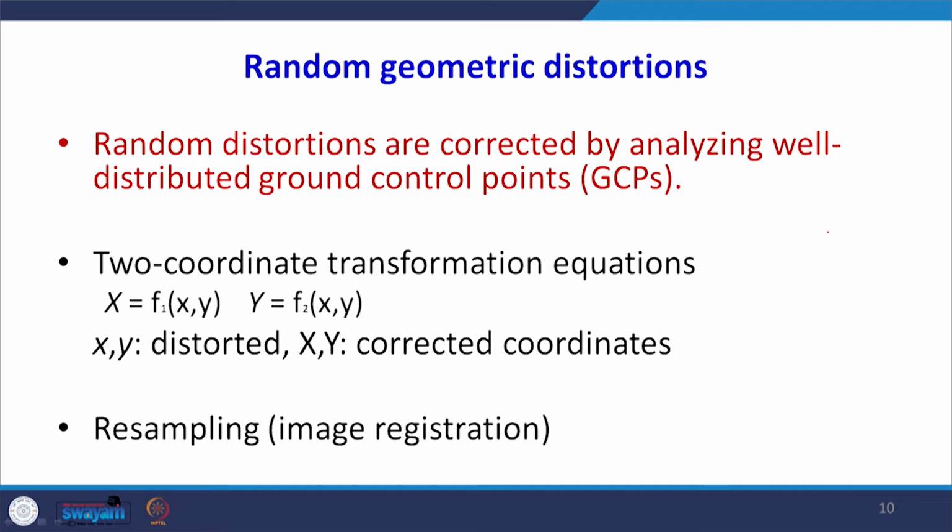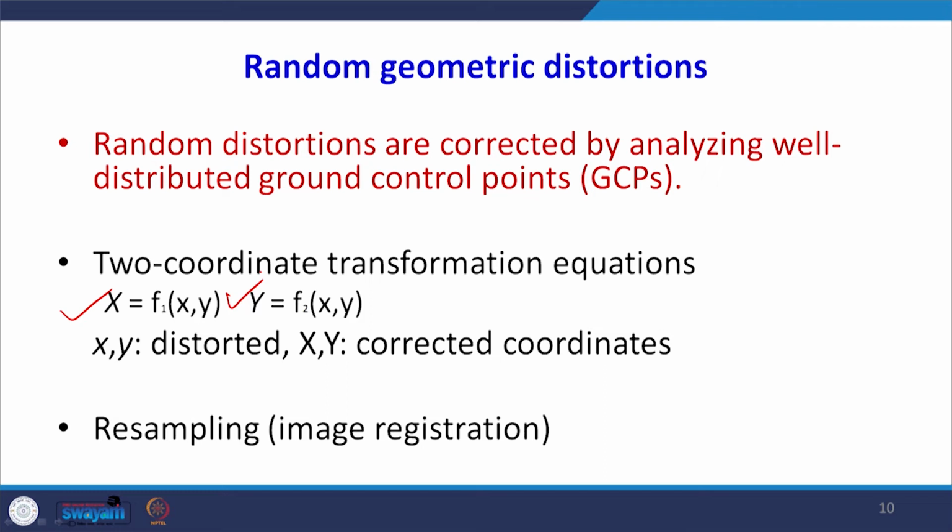But when we have random distortions, then we have to use some kind of mathematical transformation, because we do not know their behavior. We represent this transformation equation as x = f1(x, y) and y = f2(x, y), where x and y are the pixel locations to be transformed, and the corrected coordinates are known to us, let us say the real world coordinates, and f is a function which we apply to the pixel.